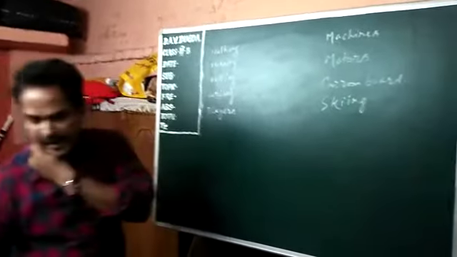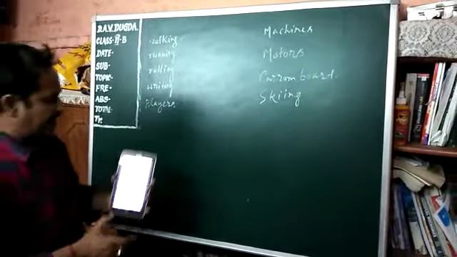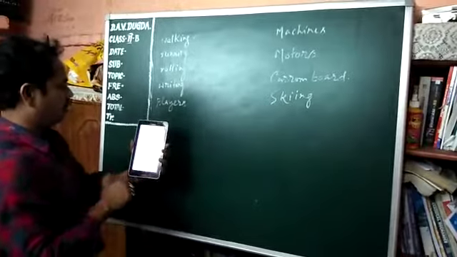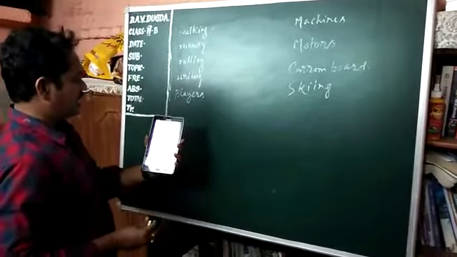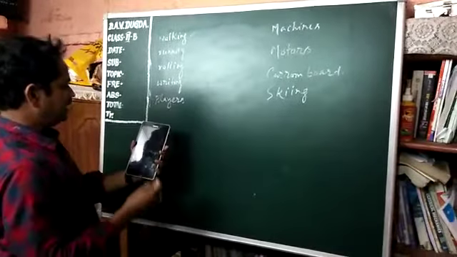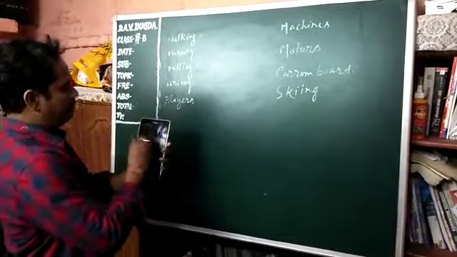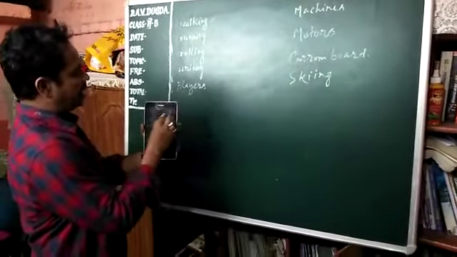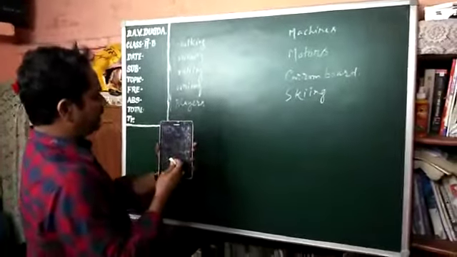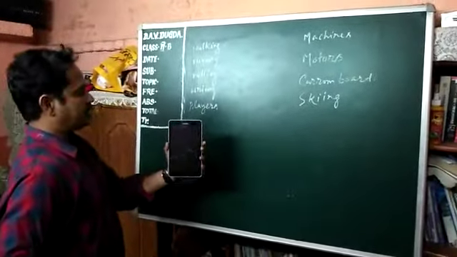I can show you, I have a book here, or you can see here is my tablet, and the friction of the face of the tablet is very less. You can see that if I rub my chalk over this, no mark is seen. I cannot write anything. Why can't I write anything on the surface of my tablet?